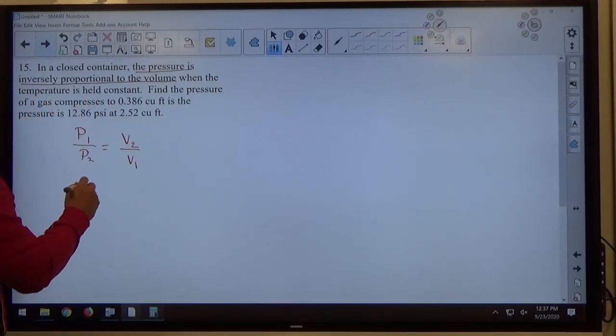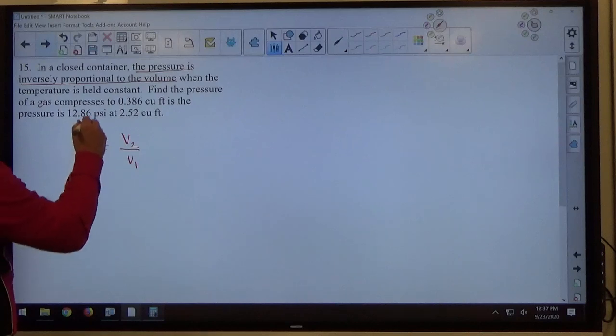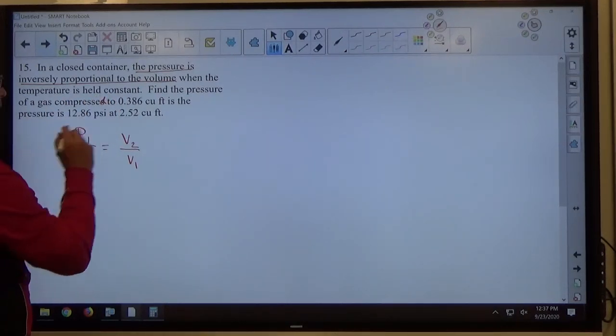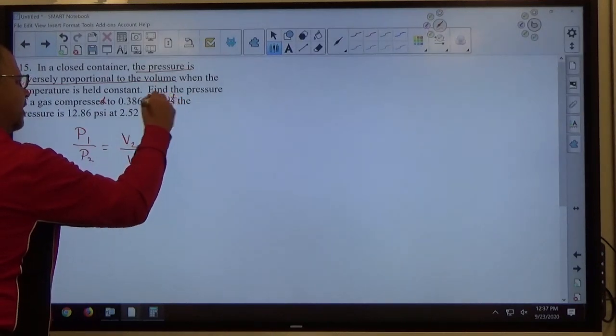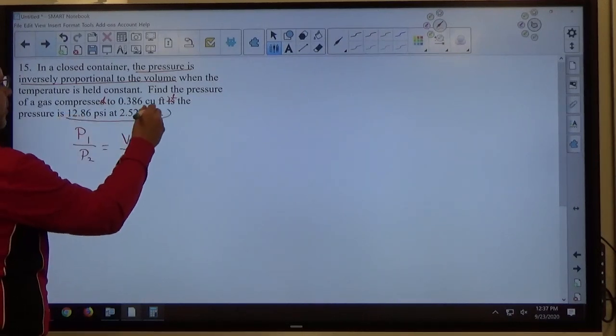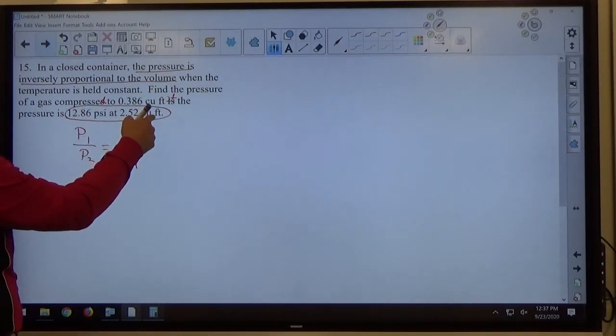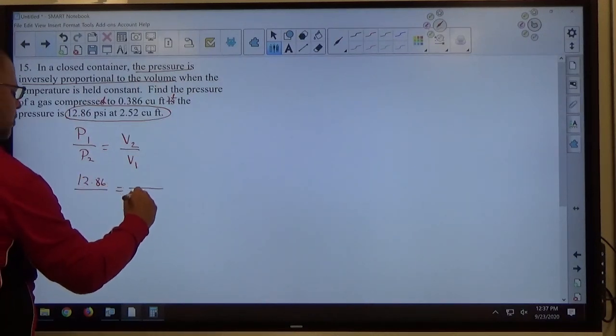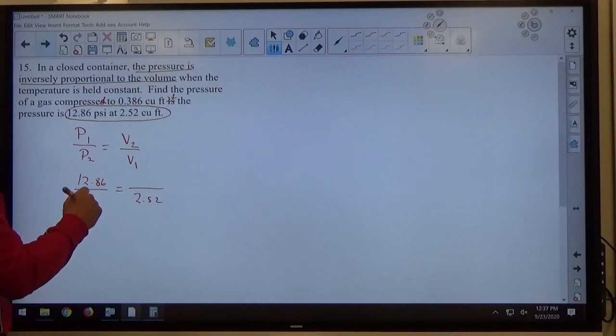So it says find the pressure of a gas compressed to 0.386 cubic feet if the pressure is 12.86 psi at 2.52 cubic feet. So we can call this P1, V1. 12.86, 2.52.